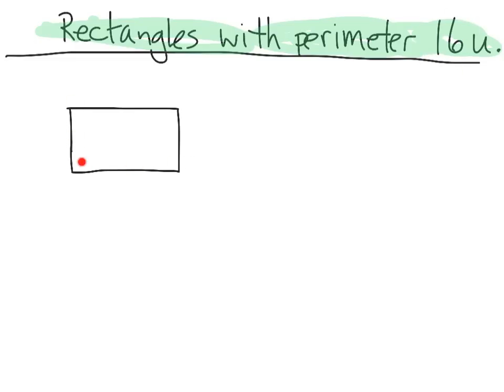So we've learned that the perimeter is this length right here plus this width, and then you get that answer, and then you can times by 2 because there's a matching set on the other side. So we can think of this as the perimeter is equal to 2 times the length plus the width.